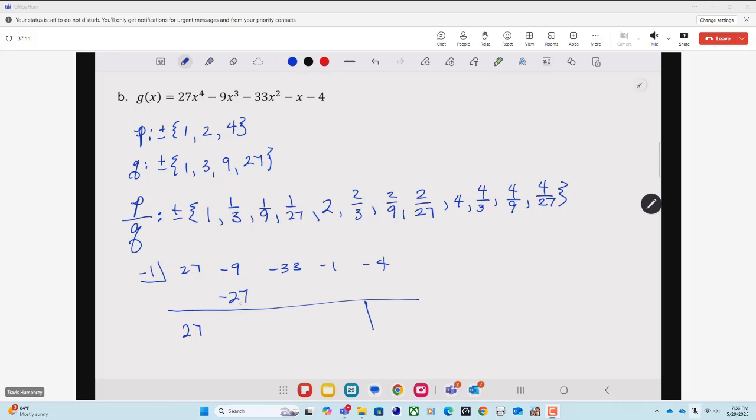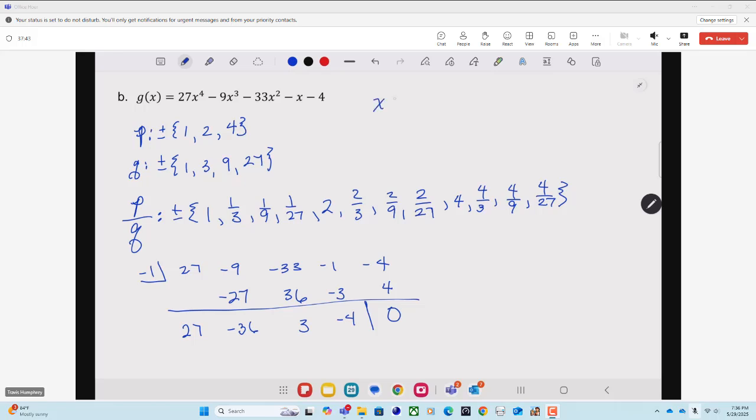Negative 9 plus negative 27 is negative 36. Negative 1 times negative 36 is positive 36. Negative 33 plus 36 is 3. Negative 1 times 3 is negative 3. Negative 1 plus negative 3 is negative 4. And then negative 1 times negative 4 is positive 4, and there we go, got one on the first try.